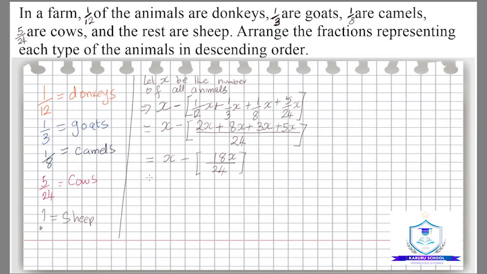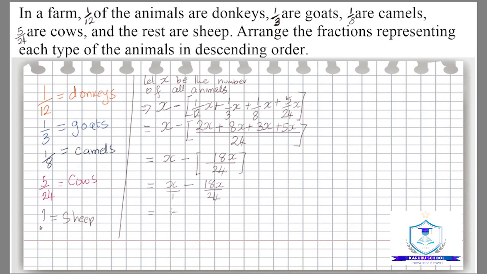So to get the fraction for sheep, we need to simplify this. So we have x minus 18x over 24. Realize that this x is a whole number, so we can find the LCM between x, which is x divided by 1, and 24.